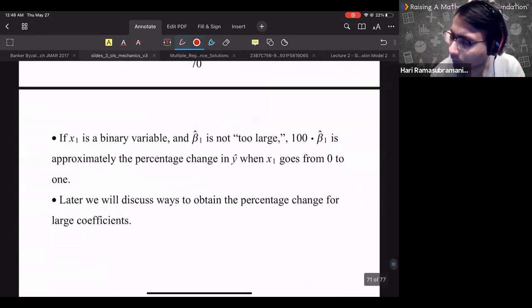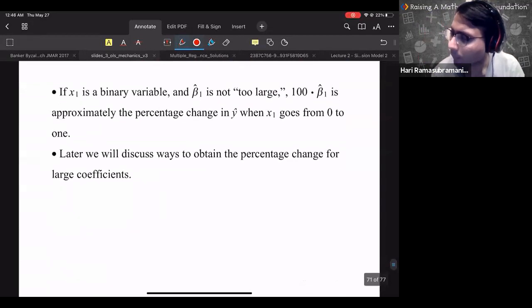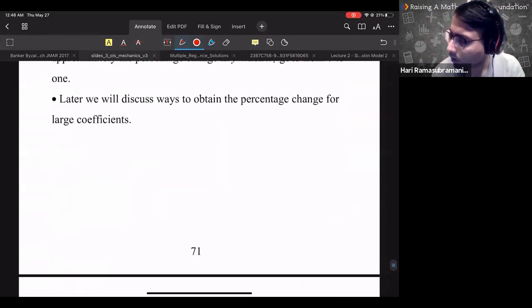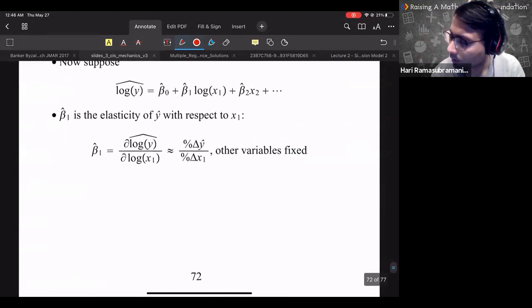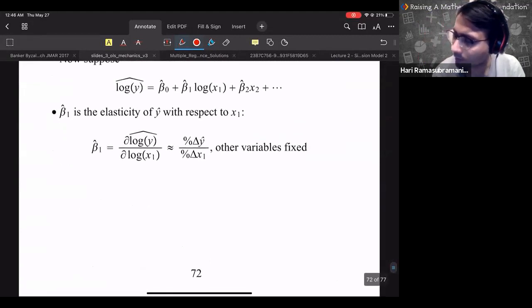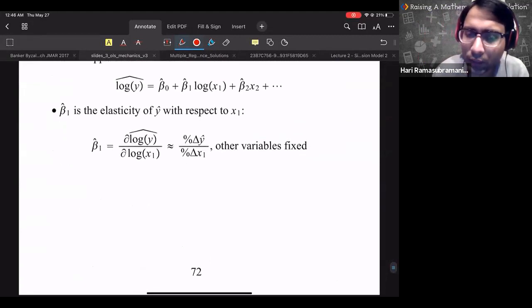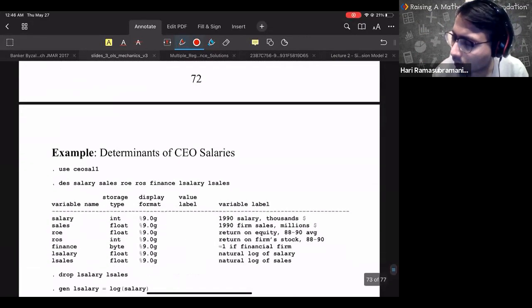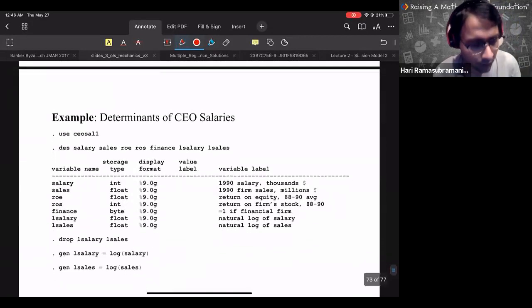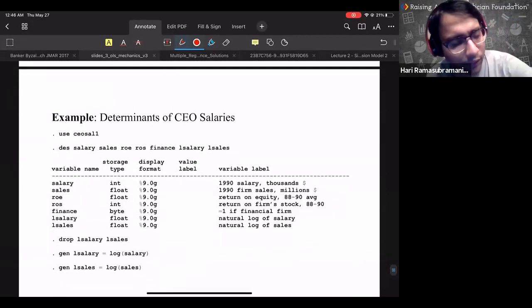And I will stop here. Yeah, this is what I just mentioned. It gives you the percentage change in y hat due to a 1% change in x.